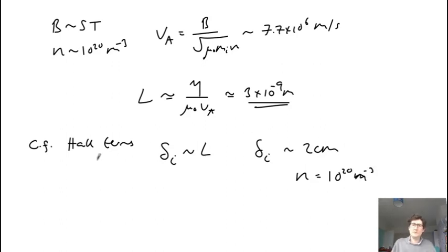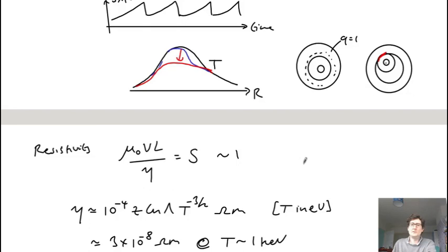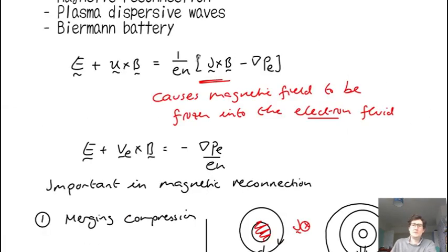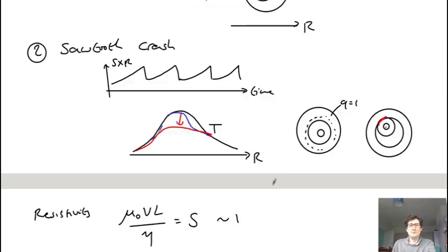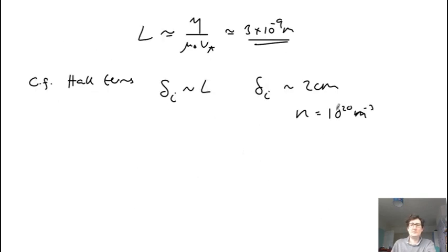And so Hall terms, including the electron pressure term and the J cross B term, become important far before the resistance does, at least at core tokamak temperatures. And so this is essential. So Hall terms are essential for describing this kind of high temperature reconnection.